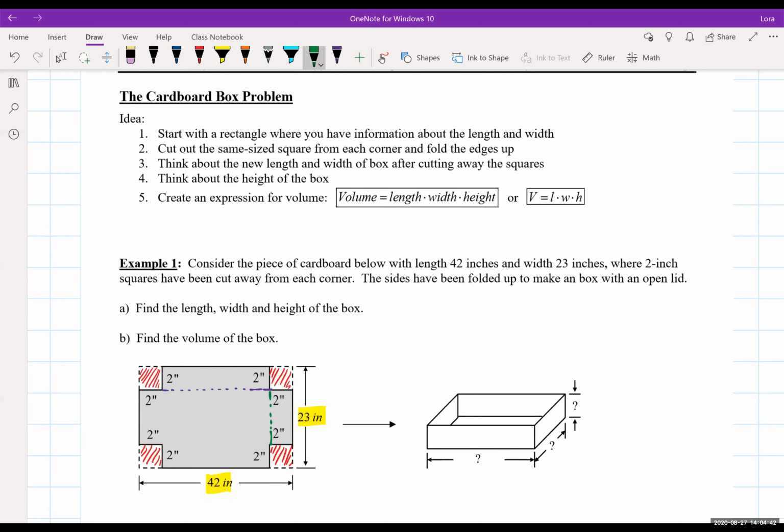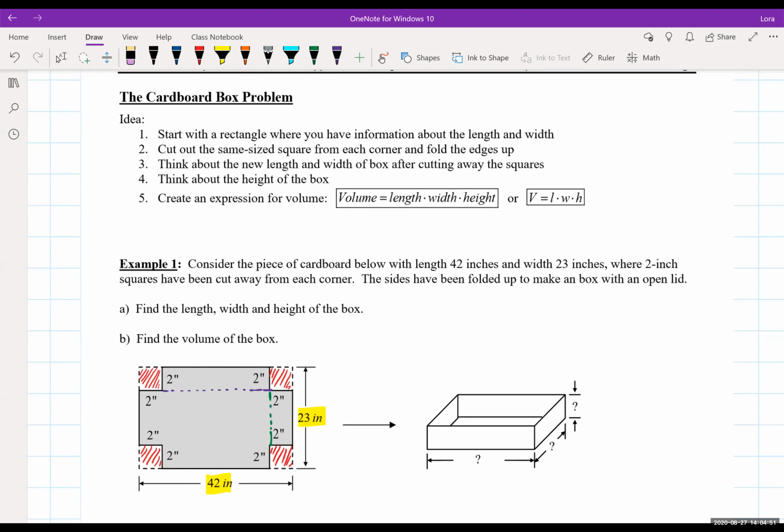If you're starting out with a length of 42 inches and you cut off 2 inches here and 2 inches here, we have a leftover amount. So the new length should be 42 minus 4, because you cut off 2 inches twice.